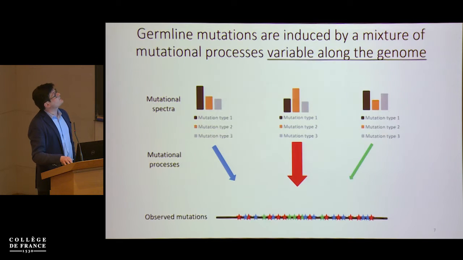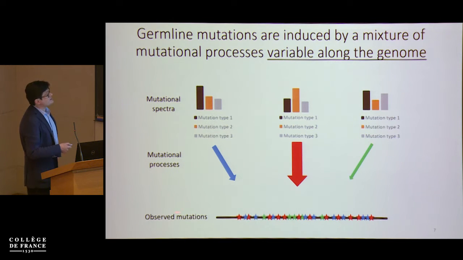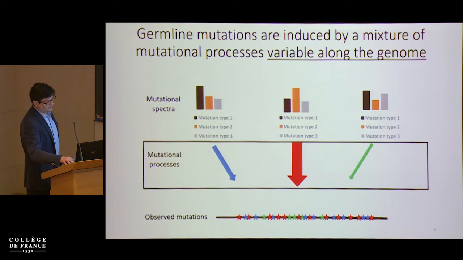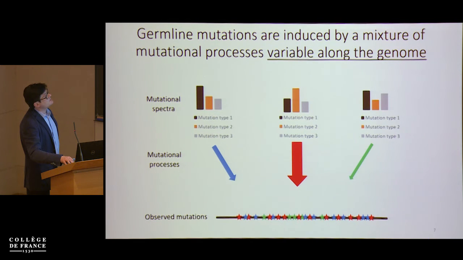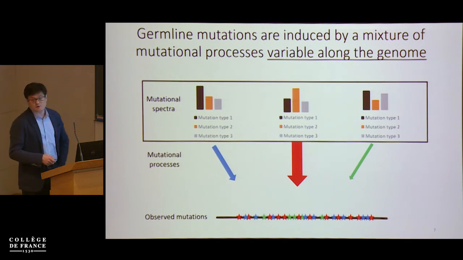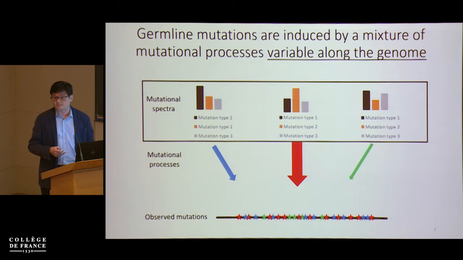What we decided to do was move to spatial models and exploit variability of mutation rate along the genome. So the idea here is that we observe mutations along the genome, and we postulate that they are driven by a whole bunch of mutational processes. And again, each process is characterized by a mutational spectrum, right?